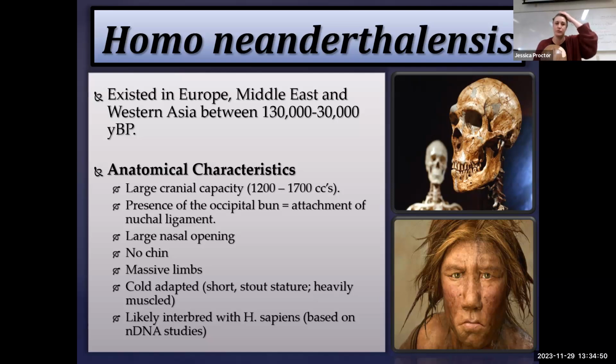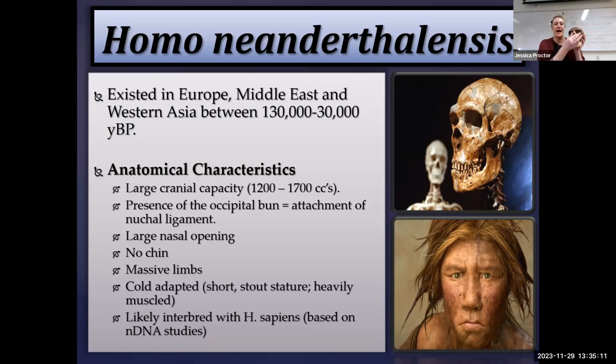So that prevents our head from jolting back and forth too much. It makes sense. I mean, the Neanderthals are extremely robust, very muscular, likely engaged in dangerous hunting strategies and techniques. So it makes sense why they would need this really pronounced attachment point for that nuchal ligament, because they likely needed a very strong nuchal ligament.